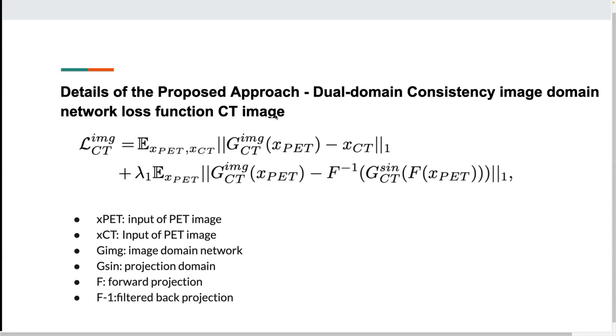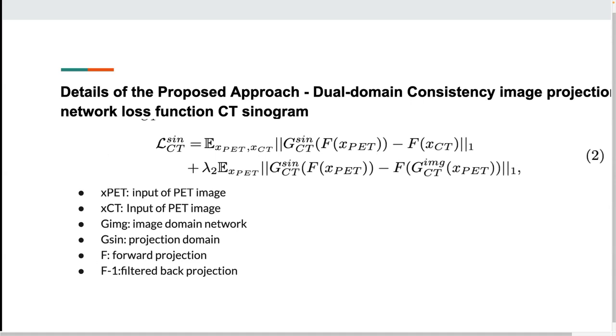One of the loss functions that they use for consistency is for the CT image. The other loss function they use is for the image projection, which is displayed over here. So what they have done is that they developed 4 models for the images.